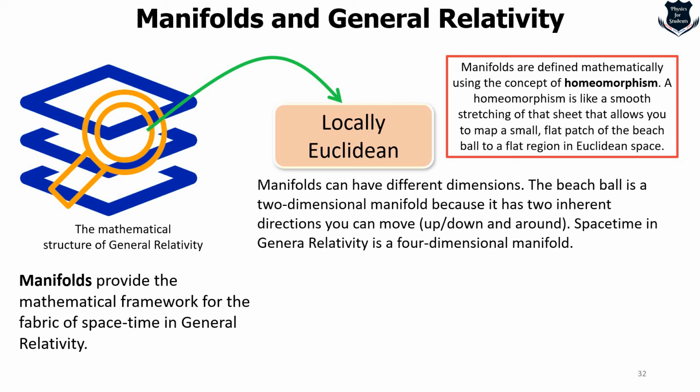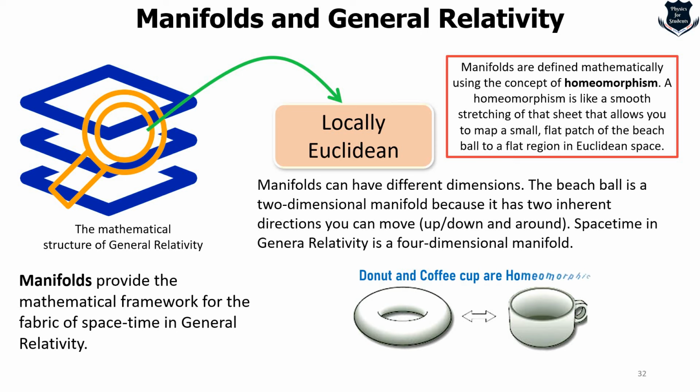As you have seen earlier, a few minutes back, manifolds mathematically use a concept called homeomorphism. And homeomorphism, I will show you an illustration, is like a smooth stretching of that sheet that allows you to map a small flat patch of the beach ball to a flat region in Euclidean space.